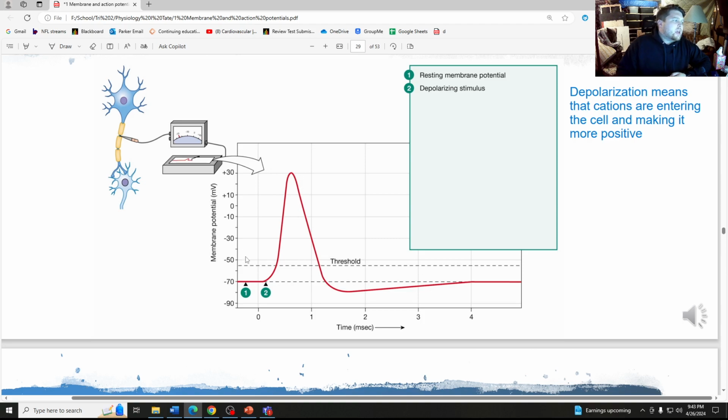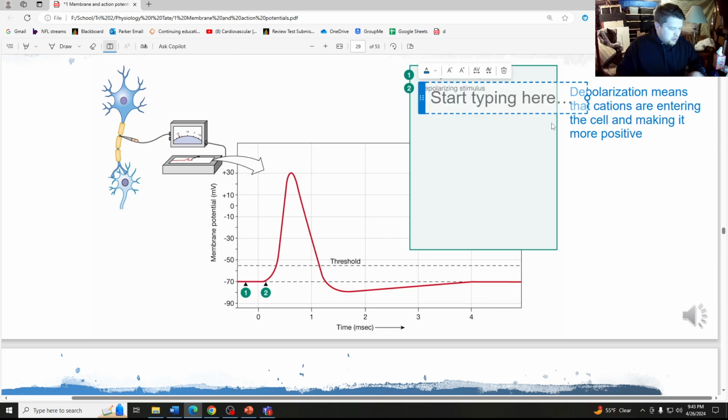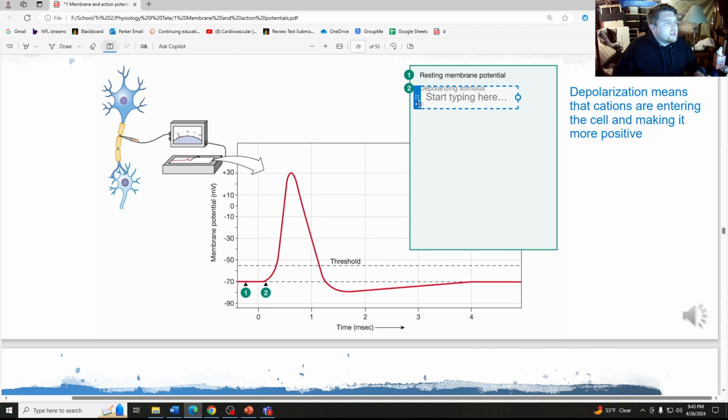Okay? So here at this point at 2, we have sodium channels get opened from some sort of stimulus. I'm going to add that here at 2. And I say sodium, it's mostly sodium because that's one of the most abundant. So sodium channels are open, allowing for depolarization.